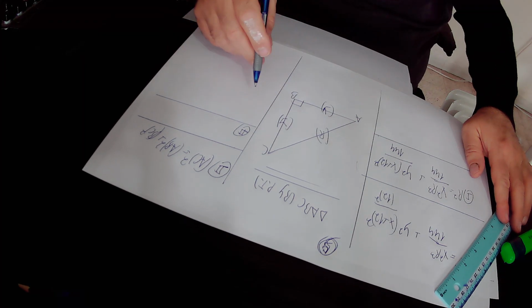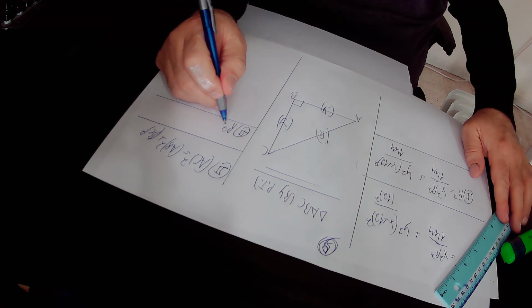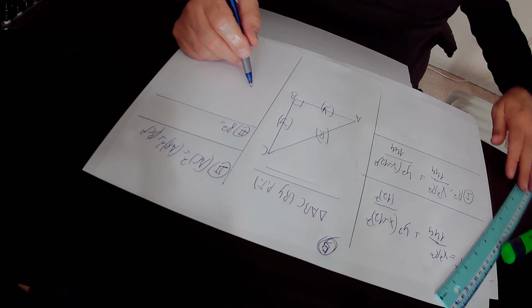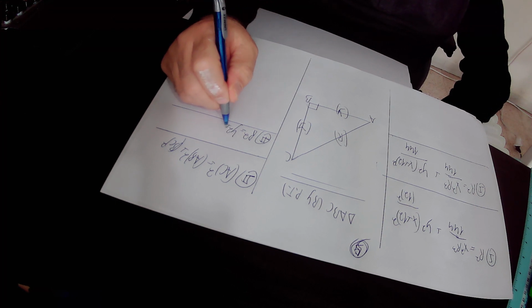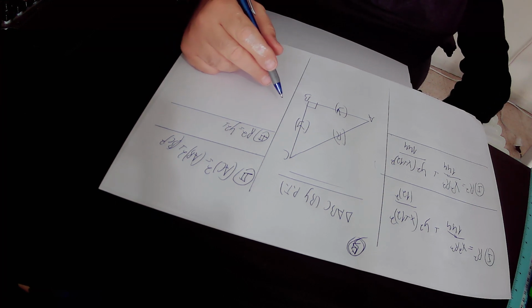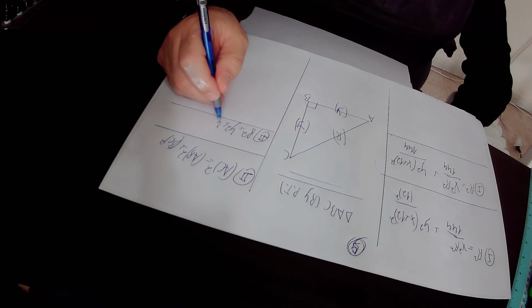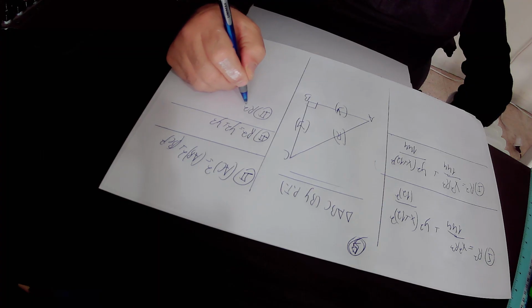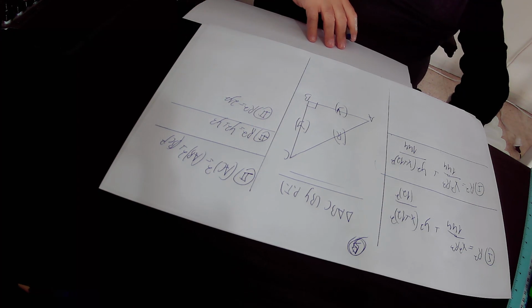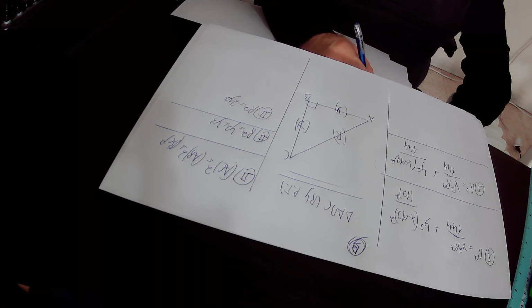AC is R, therefore AC square is R square, and it equals AB square, AB is Y, therefore AB square is Y square, plus BC square. BC is also Y, therefore BC square is Y square. So according to equation 2, we found out that R square equals Y square plus Y square, which is 2Y square.